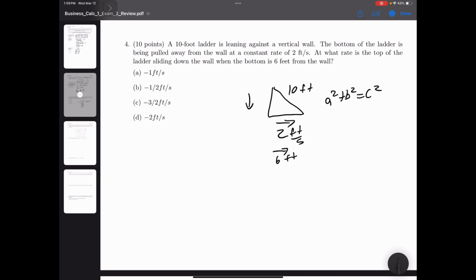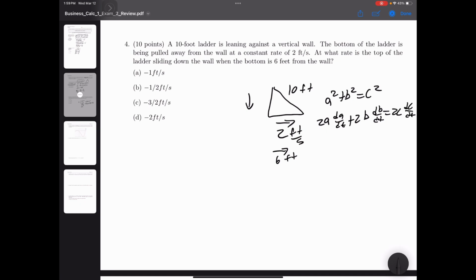Now, if I take the derivative of this, I have to do implicit differentiation because I'm taking the derivative with respect to time. So here I'll get 2a dA/dt plus 2b dB/dt equals 2c dC/dt.